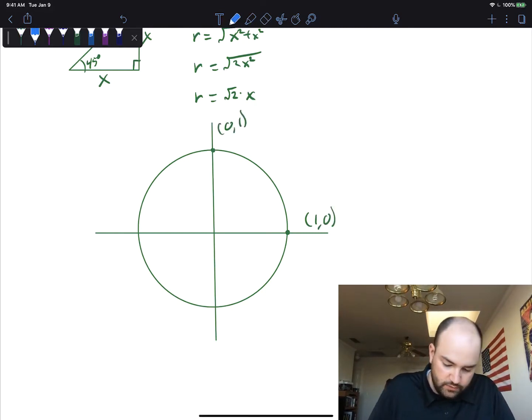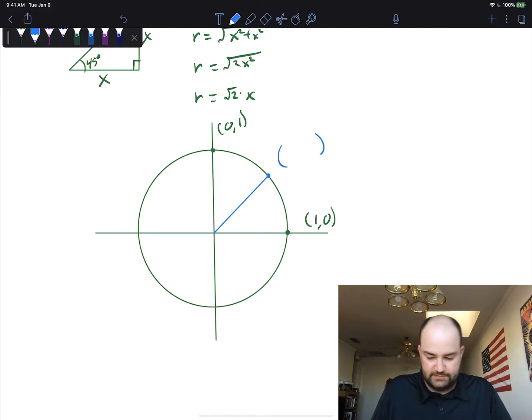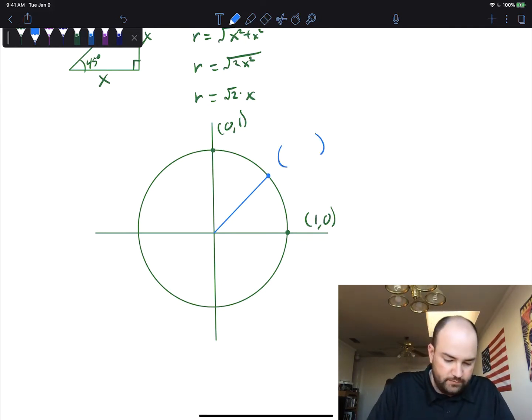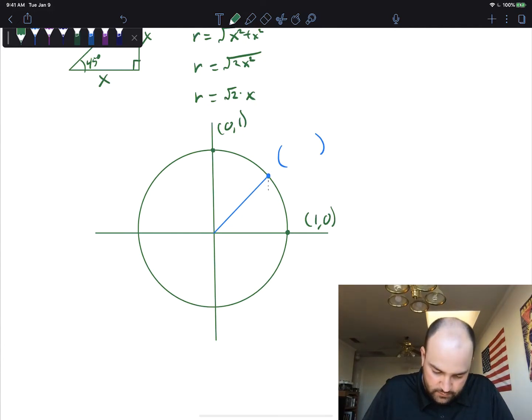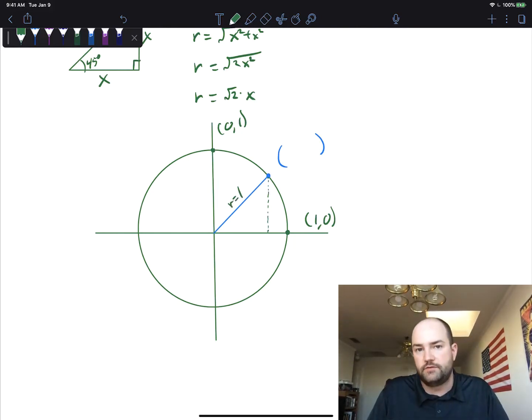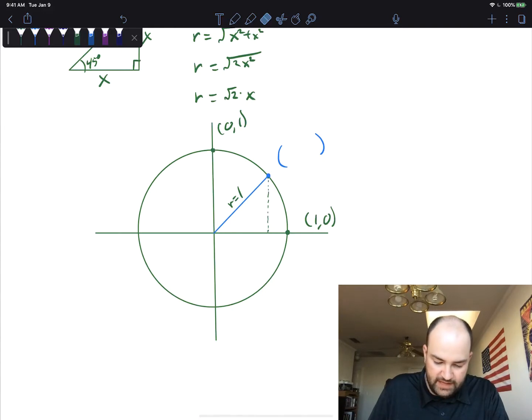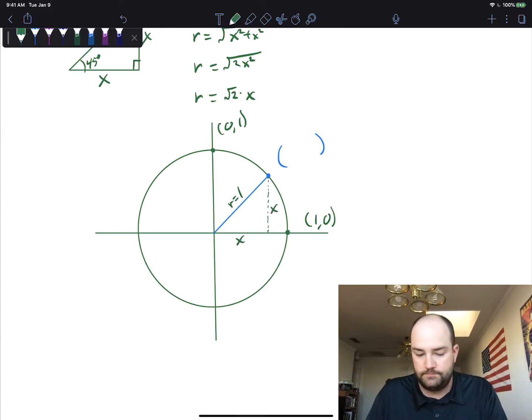And what I want to know is, on this unit circle, what coordinate is this? Well, I know that r here is 1 because that's the definition of a unit circle. And if r is 1, I want to find that x here and that x here.